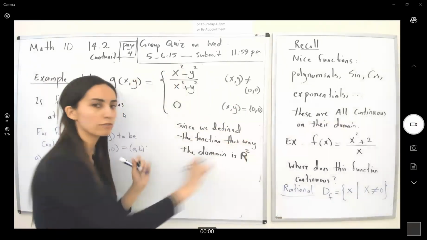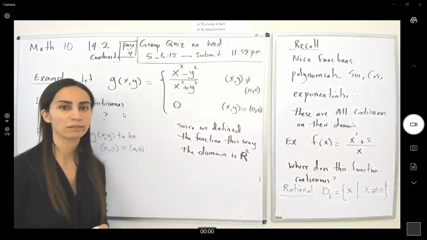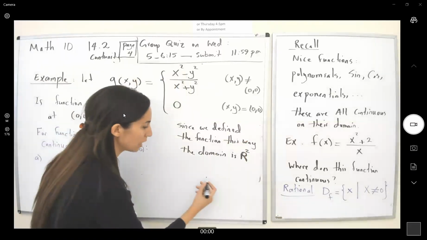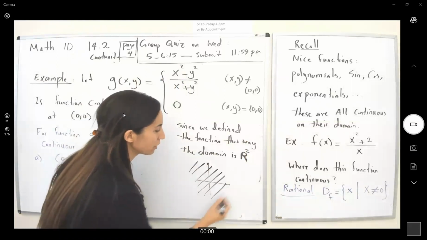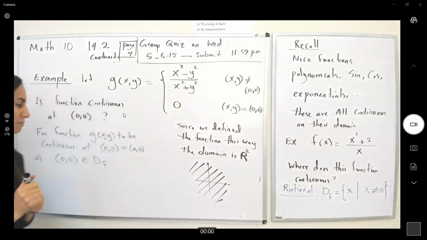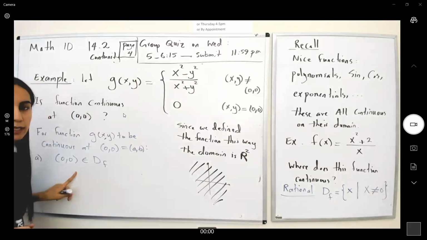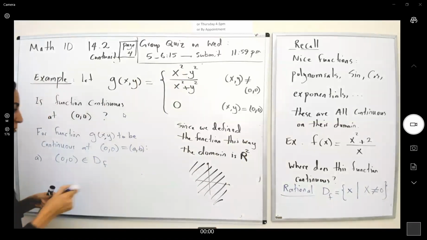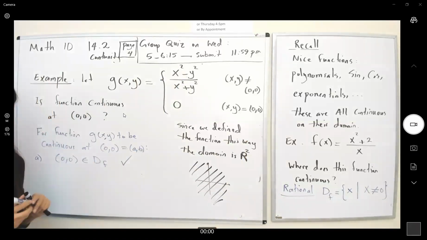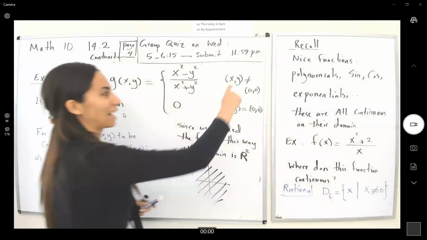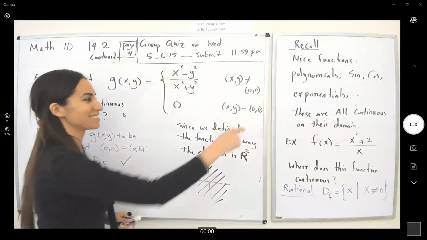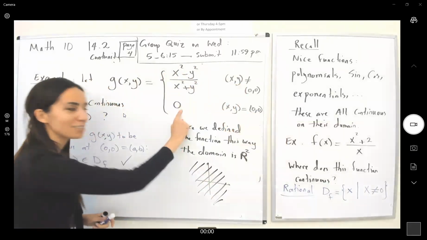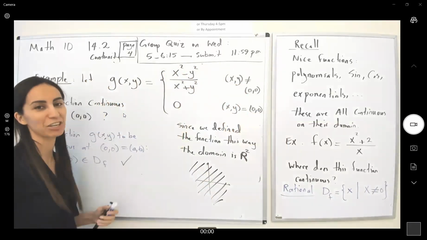So the domain of the function is R squared. All points in the xy plane. Everything is included. The first condition is met? Yes. It is true that 0 and 0 doesn't belong to this definition, but 0 and 0 belongs to the second definition of the function.